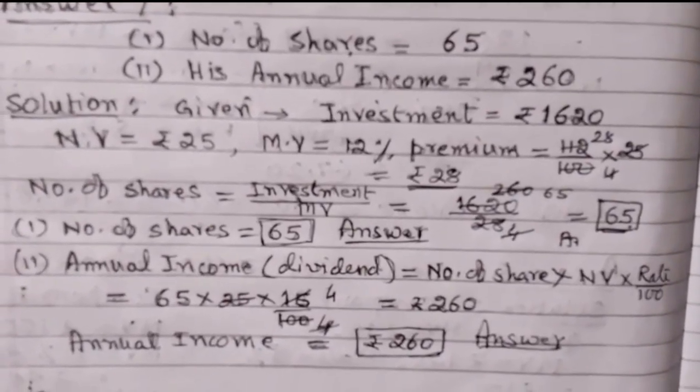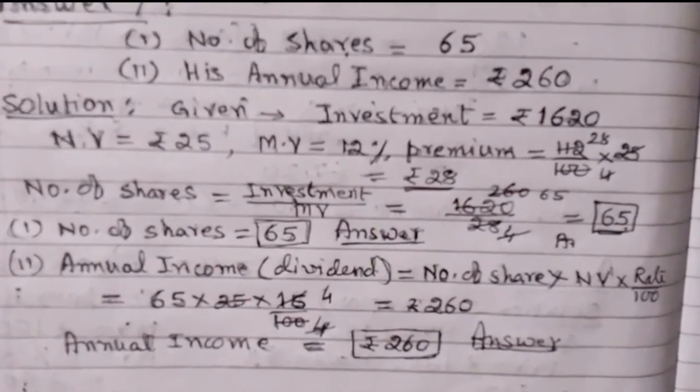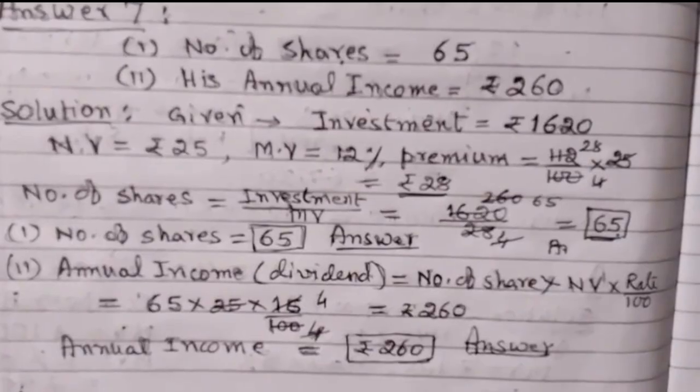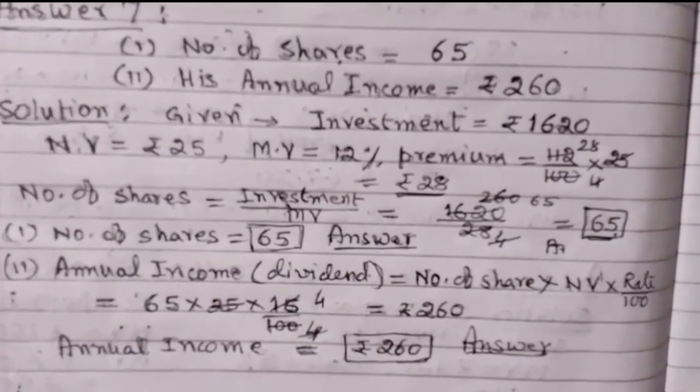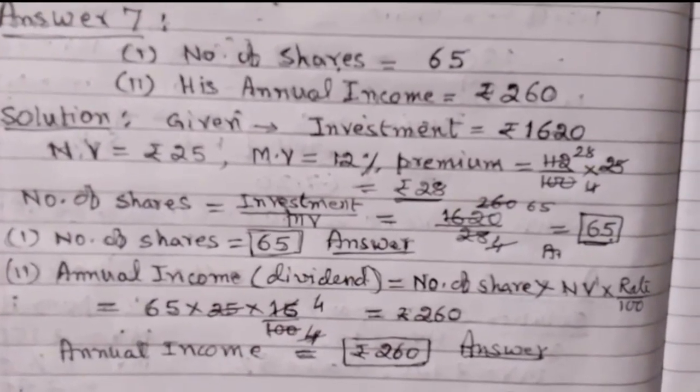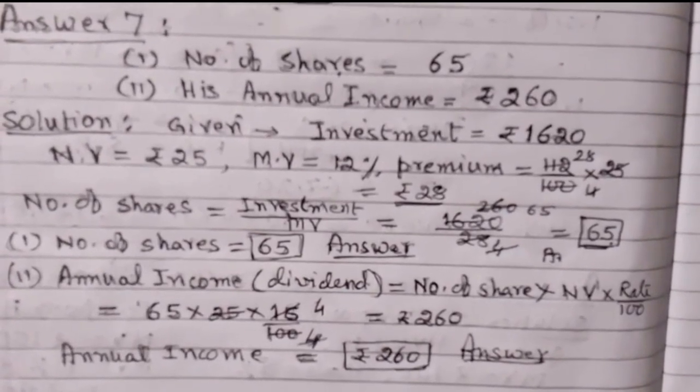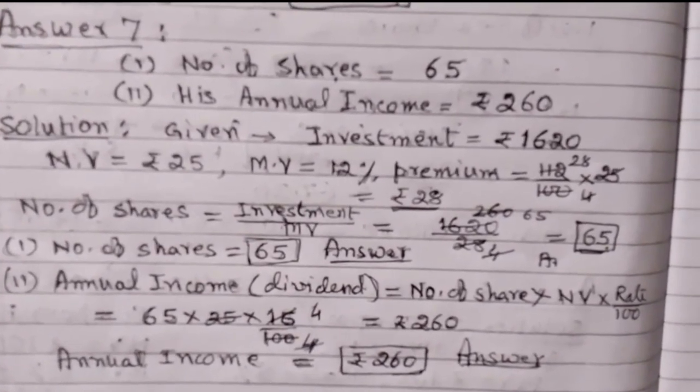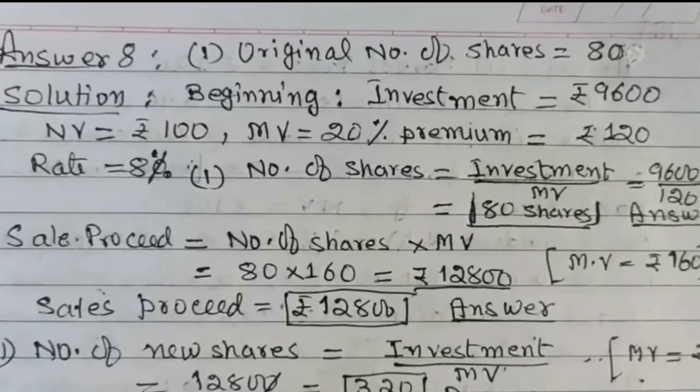We get rupees 260. So his annual income is 260. So we got the second part answer. The annual income is rupees 260.